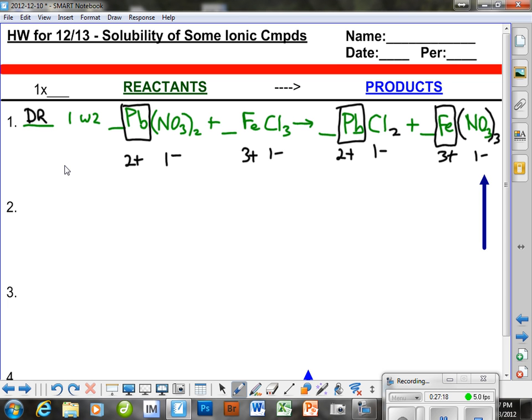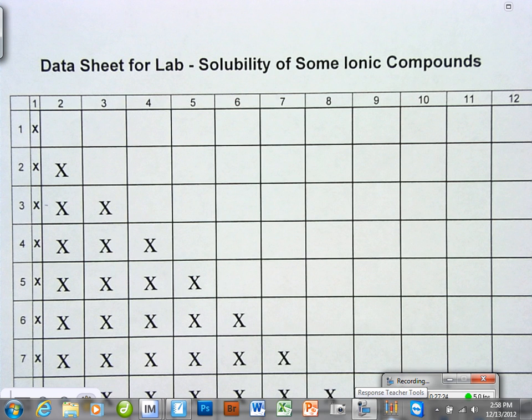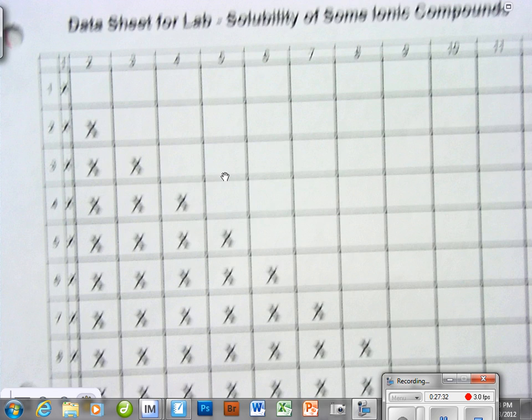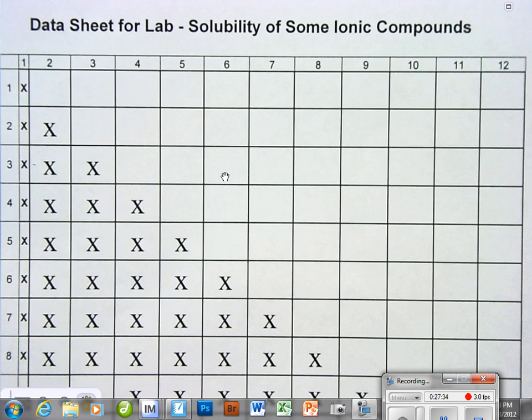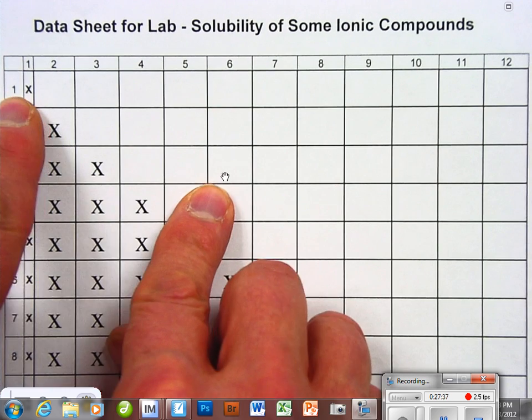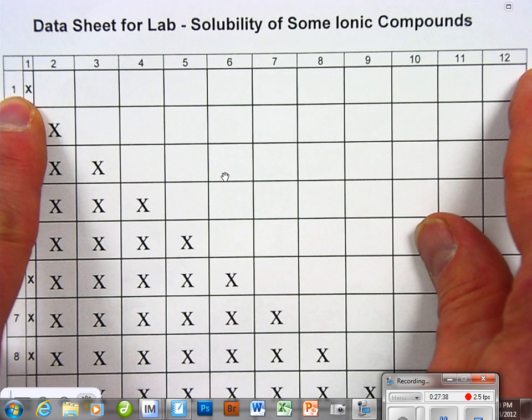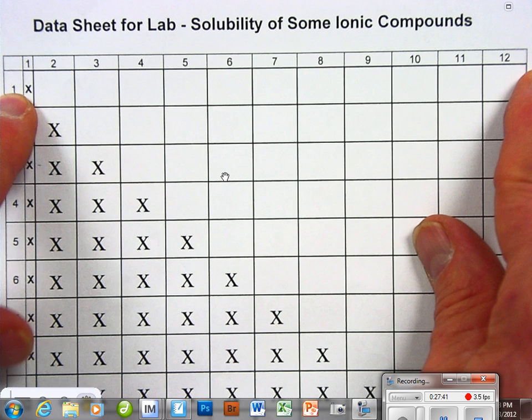So, I guess we ought to do it here. There. Okay. So we're going to do on paper what we're going to do in the lab. So we are going to be mixing chemical number 1 all the way across. That's our lead nitrate, right?